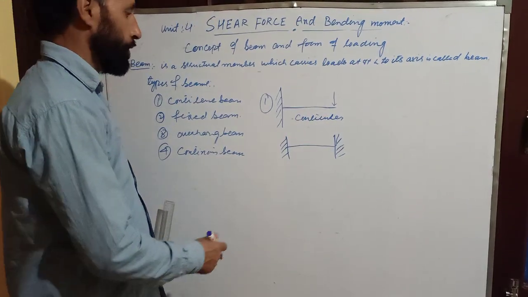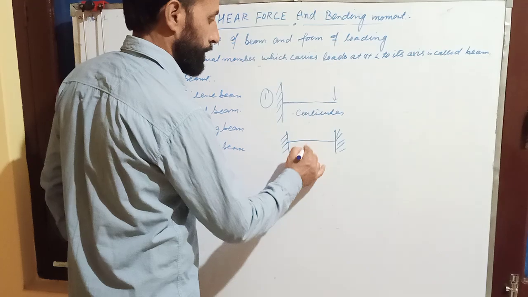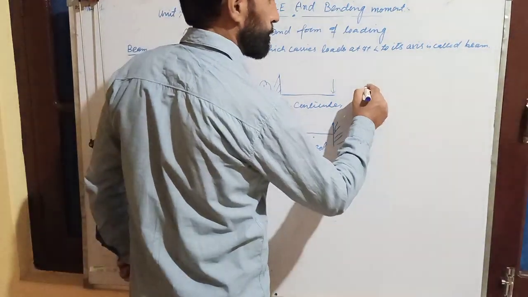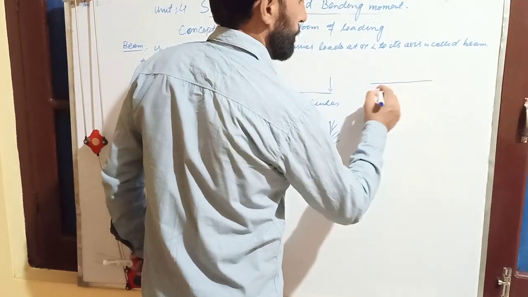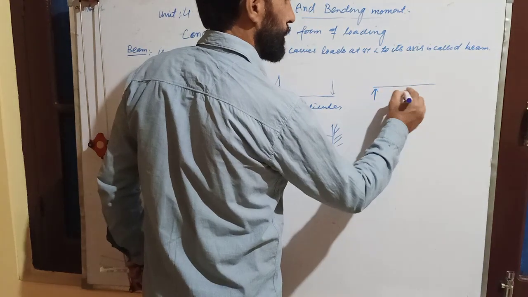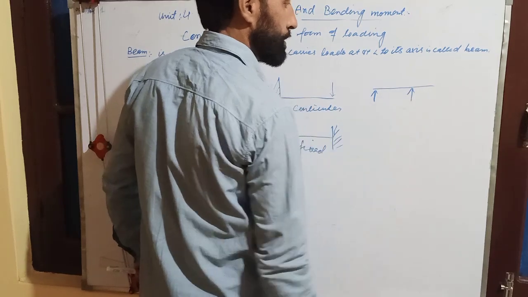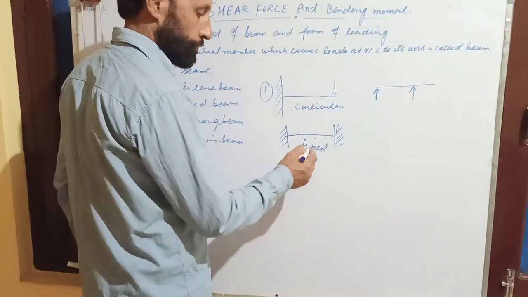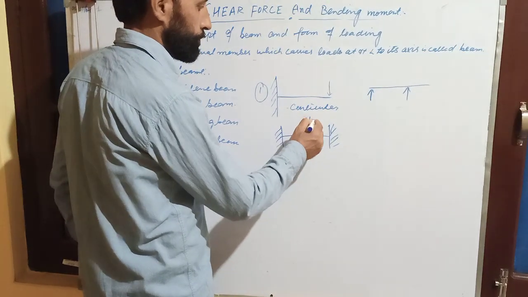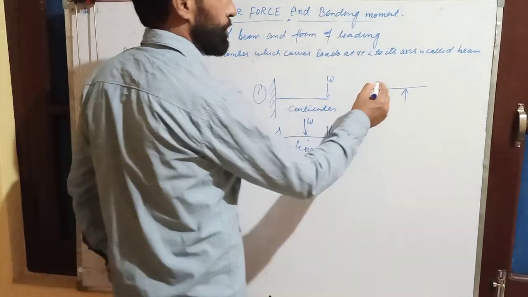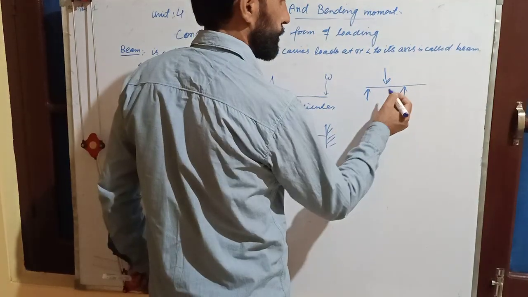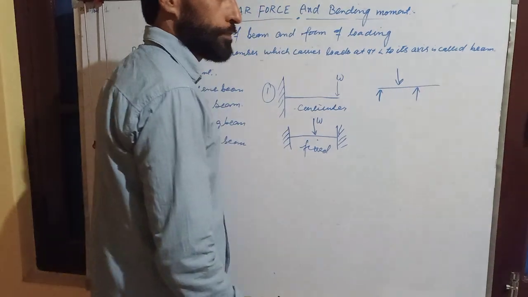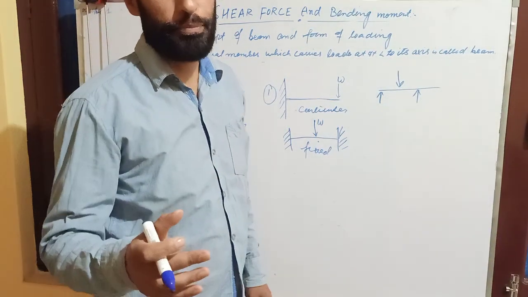Number three, overhang beam. It may overhang on both sides, or it may overhang on one side. An overhang beam is that type of beam which extends beyond the support.